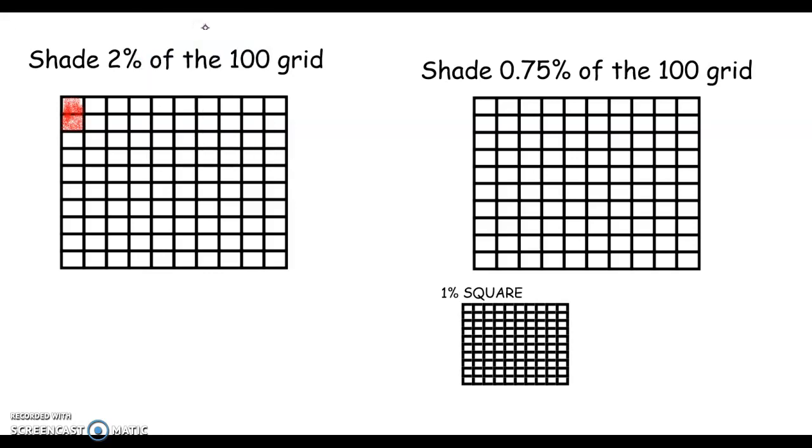Let's think about this next one. How do we shade 0.75%? So less than 1 out of 100. So here we've got one square, and we've divided one square into 100. Okay?